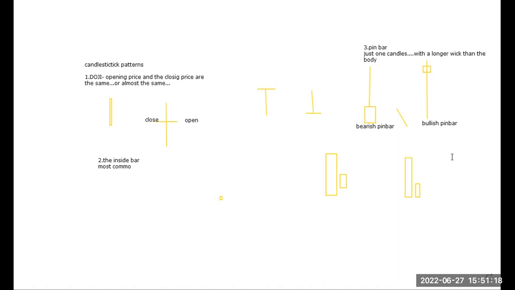If a bullish one occurs in a downtrend, it means there is a reversal upwards. And if a bearish occurs, it means there is a reversal downwards. You'll get to read further. I'll send materials on the same.